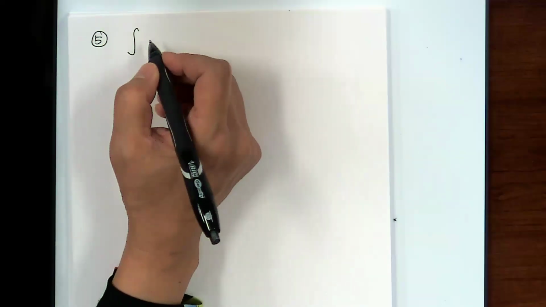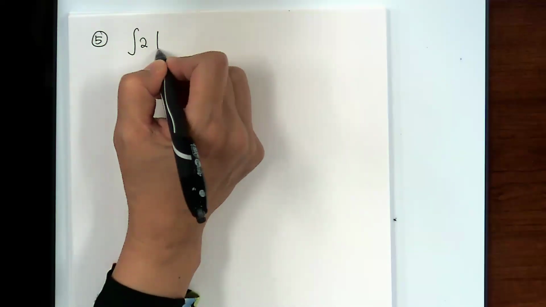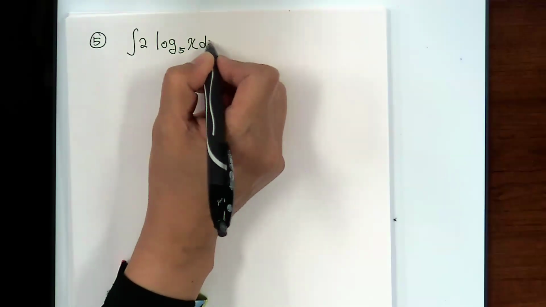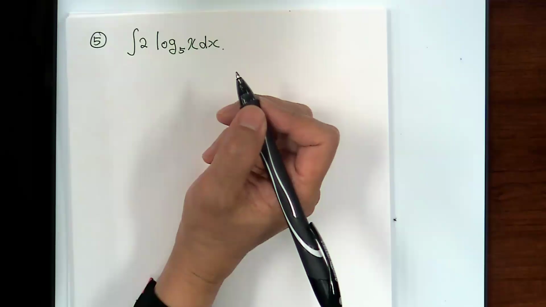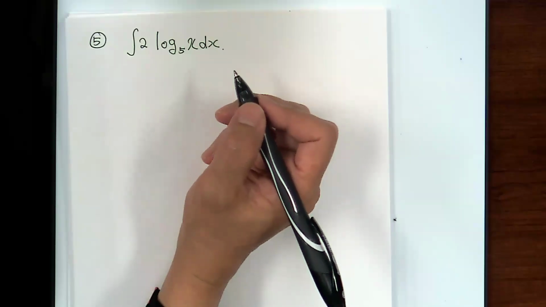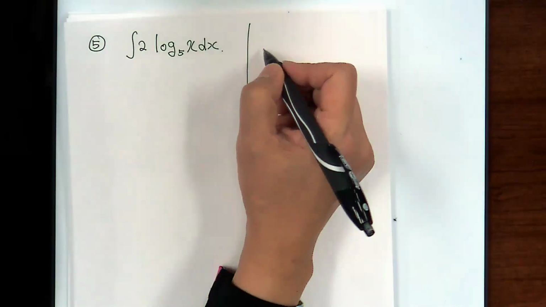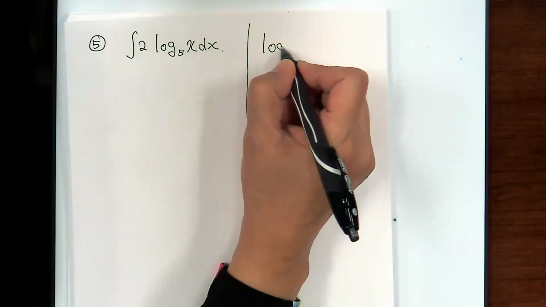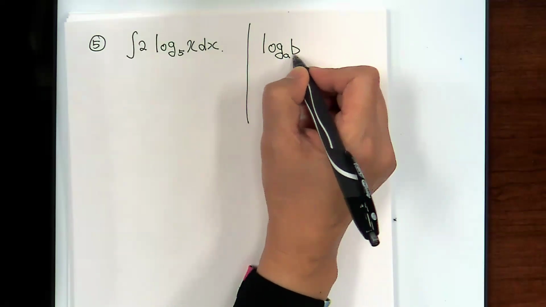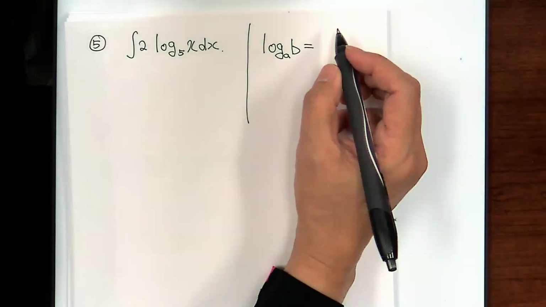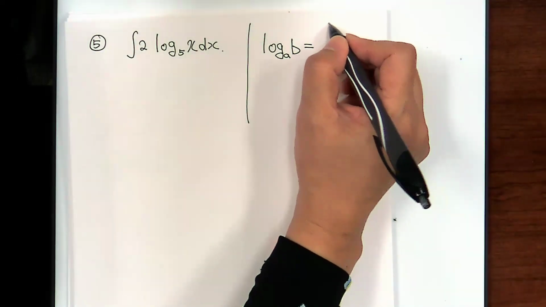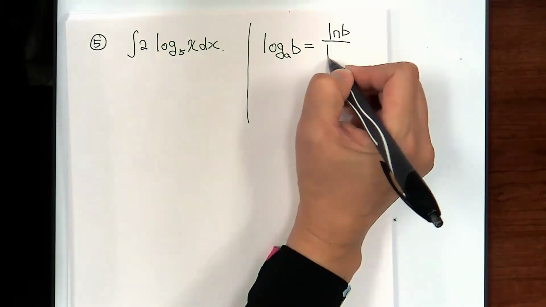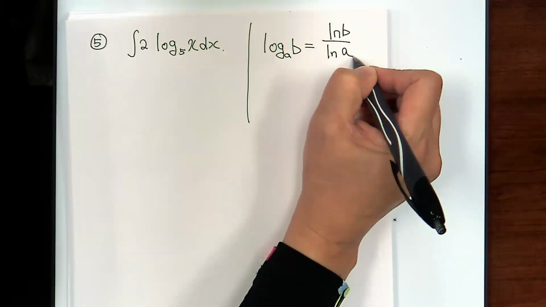The next one is the integral of 2 times log base 5 of x dx. From college algebra, what you already know is when we have log base a of b, we have a base change formula. So that can be rewritten as natural log of b over natural log of a.